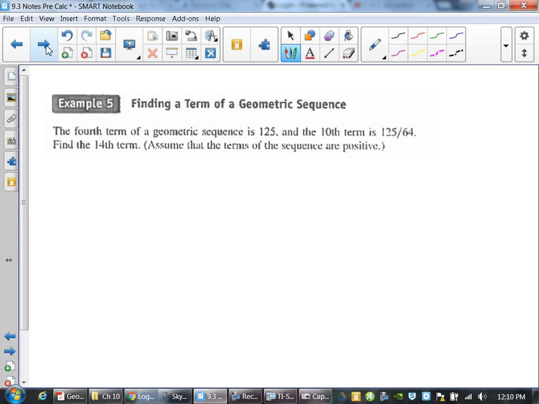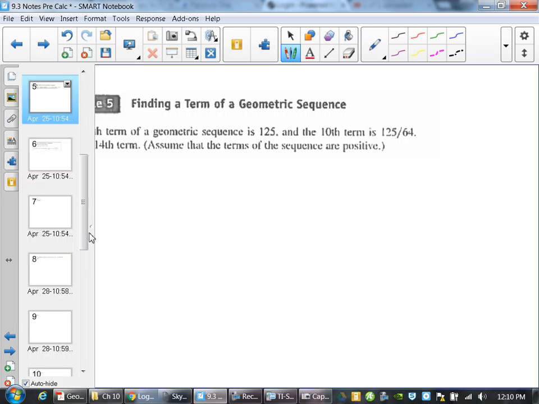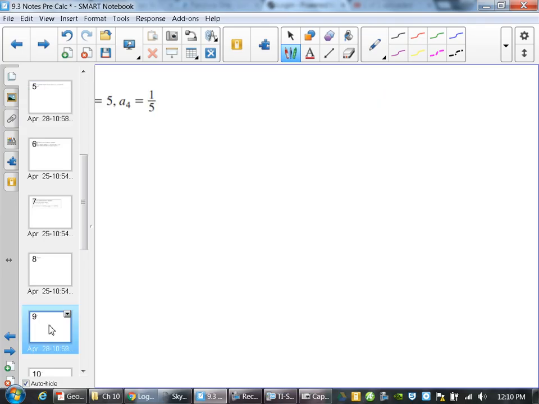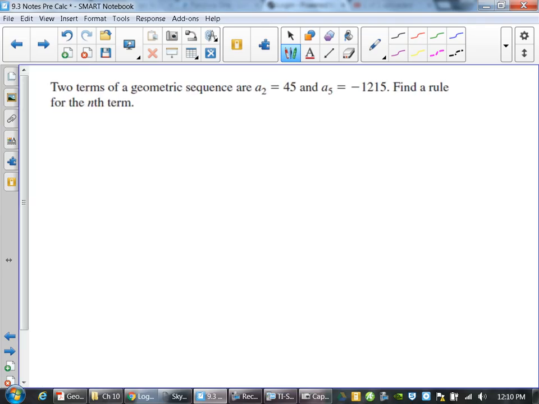So let's look at the weird stuff, when things get a little weird. Let's write the rule for the nth term. We have 2 terms in the sequence where the second term is 45, and the 5th one is negative 1215.